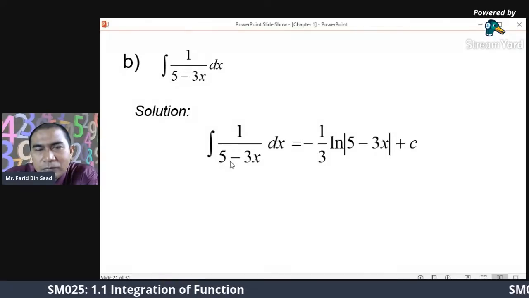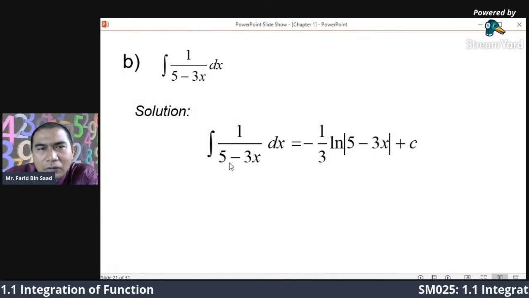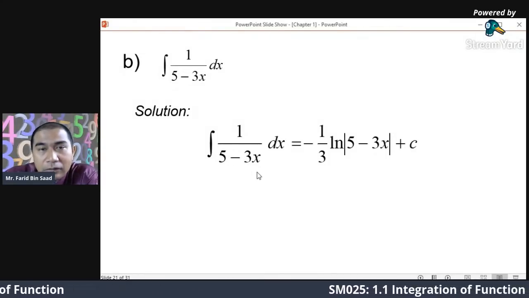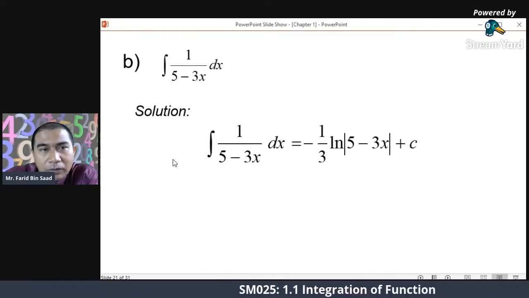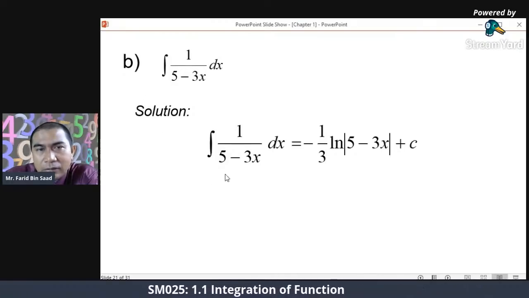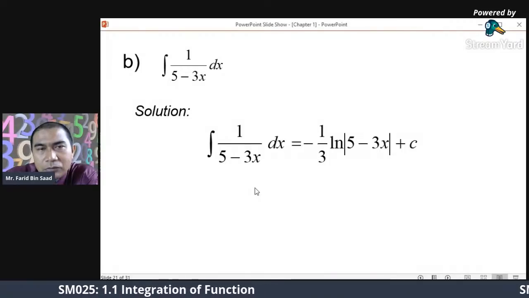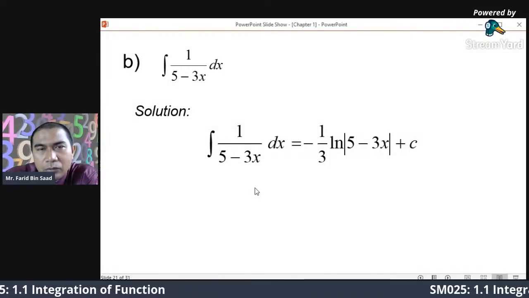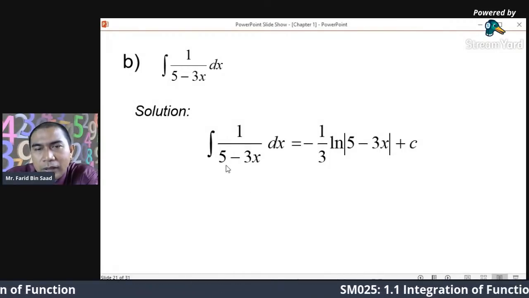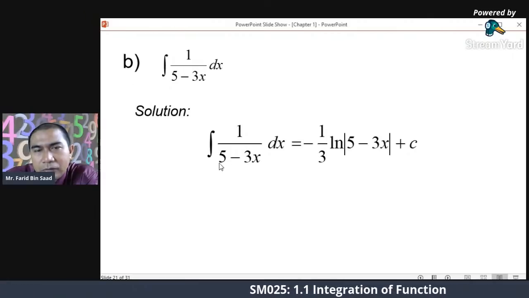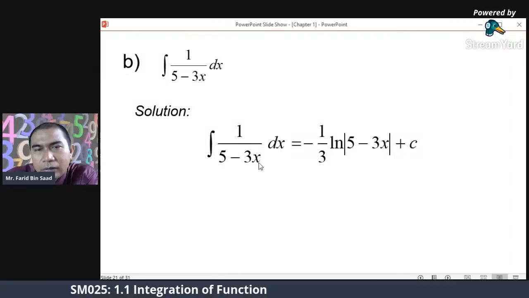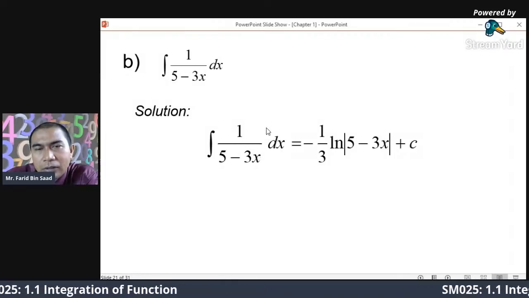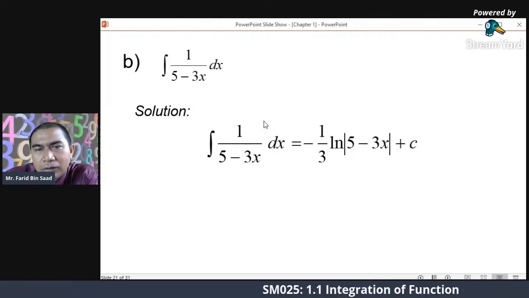It's the same as we did in the previous question, integrate 2 over x. So we understand that 5 minus 3x is a power of 1. Then when we bring up, the power will become minus 1.